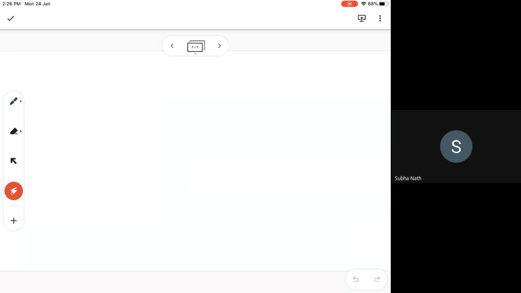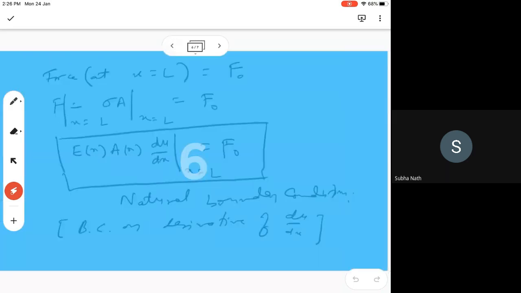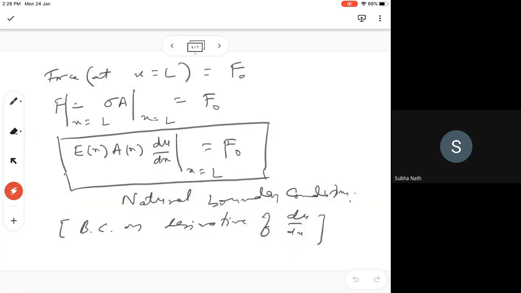Sir, I'm Shubhanath. Sir, in that derivation, why don't we apply any kind of point load or point force? No, I have applied a point force only.